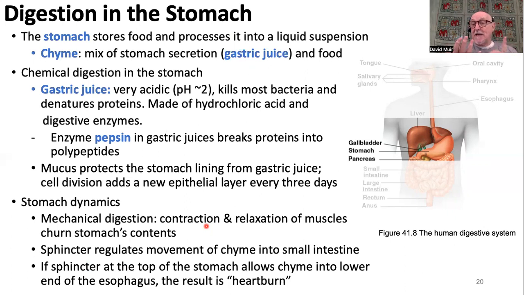Both the acid, which is hydrochloric acid, and the pepsin are produced by the cells in the walls of the stomach, as I'll show you in a minute. But they're extremely powerful, so the stomach cells themselves need to be protected. There are two mechanisms whereby that takes place. I'll detail this in a minute.